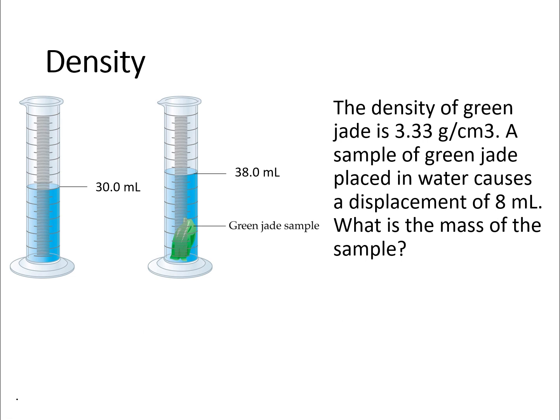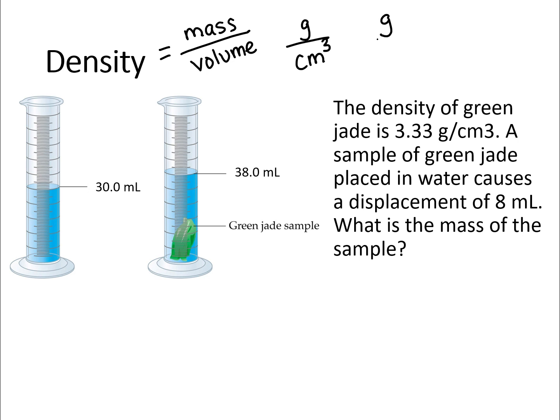Now we've got density. Okay. We're almost home. So density, remember, is equal to mass divided by volume. For solids, that's going to look like grams per centimeter cubed.